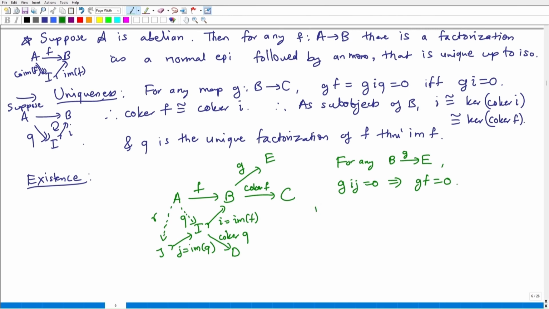And if GF is equal to 0, then there must exist H such that G is equal to H composed with co-kernel F, and then what will happen?